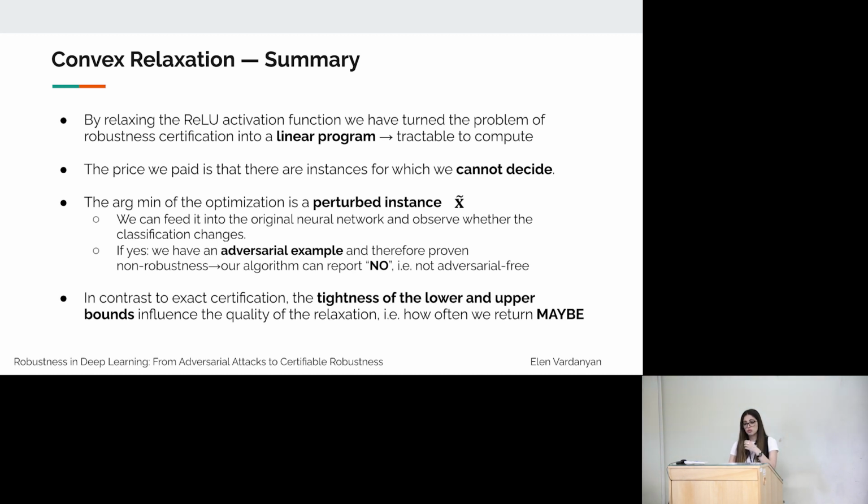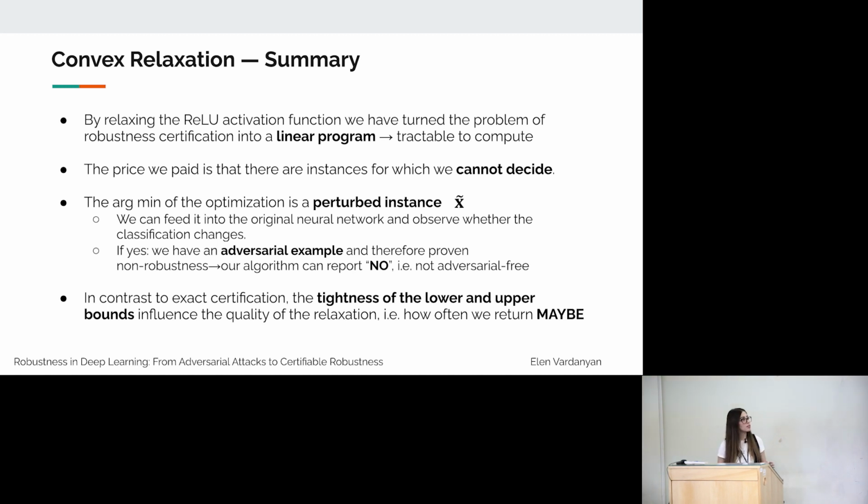And so in the end, the result of the optimization problem will be an actual perturbed instance x tilde. And then we can also feed it into the original neural network and see if it's classified correctly or wrong. And again, if it's not correctly classified, then it's an adversarial example.